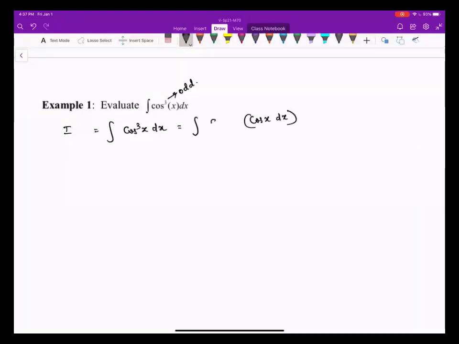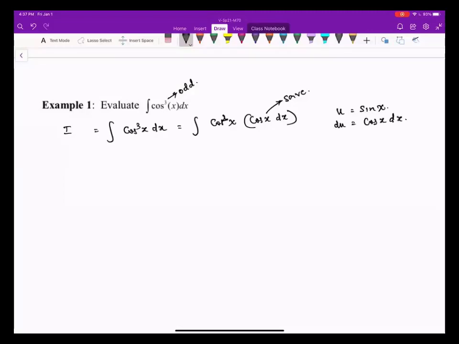There are three of them, so write cosine square x times cosine x, and this is the one you are saving. If you are saving cosine, your substitution should usually be the other trig function, sine x, or rather the kind of antiderivative would be the best choice for you. So du would be cosine x dx.